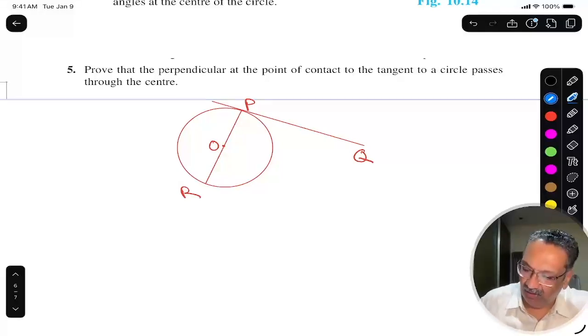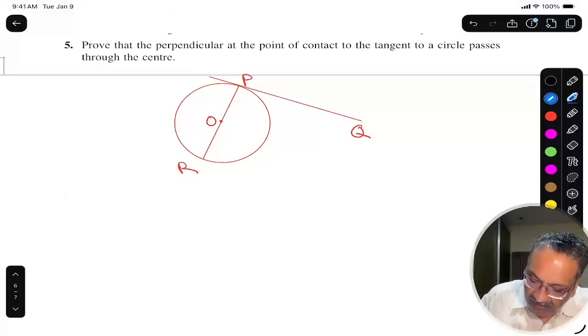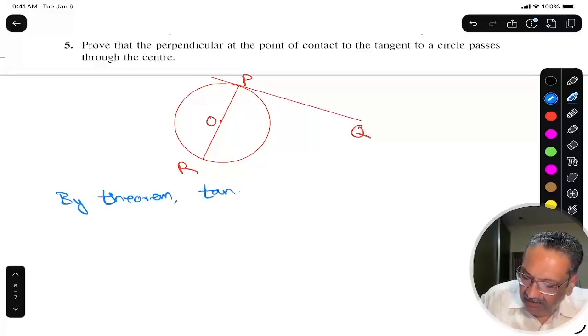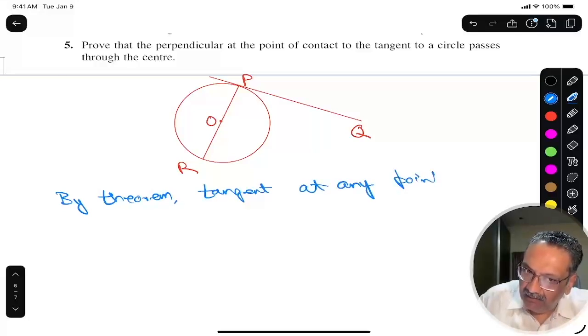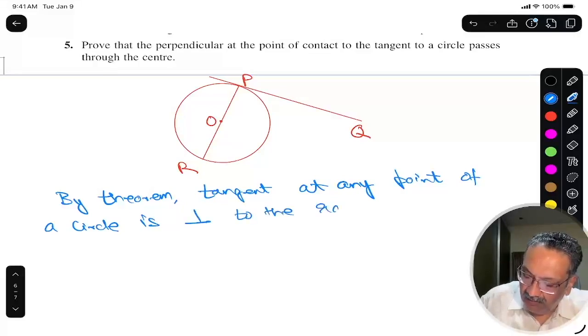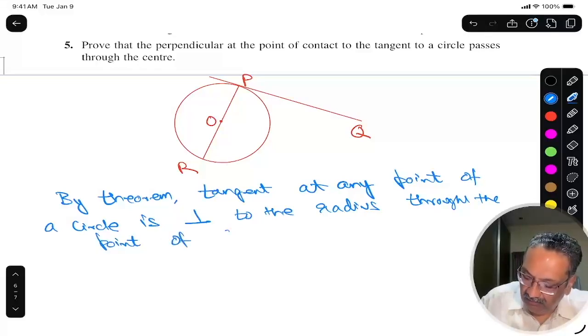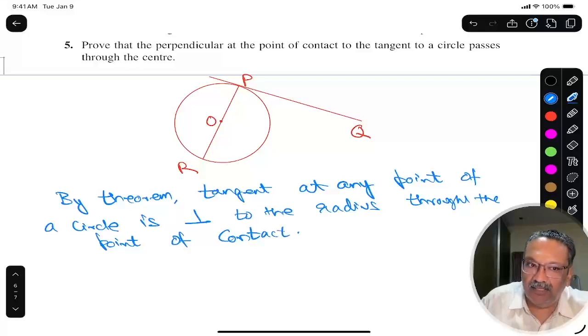So this is a very odd way of asking this question, but anyway they have asked it, we will just write the answer. See, by theorem we know that the tangent at any point of a circle is perpendicular to the radius through the point of contact, right?